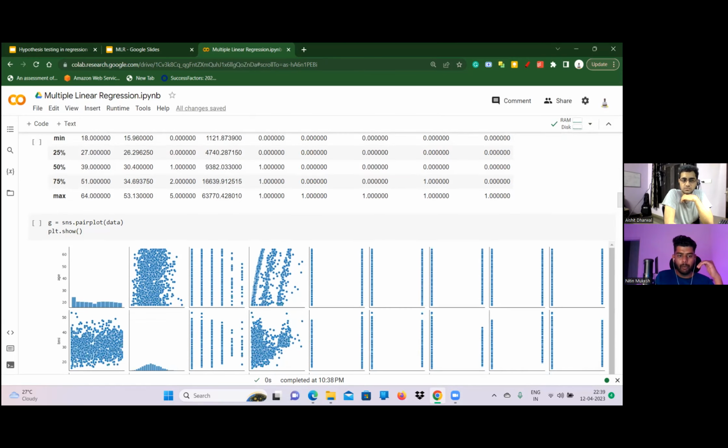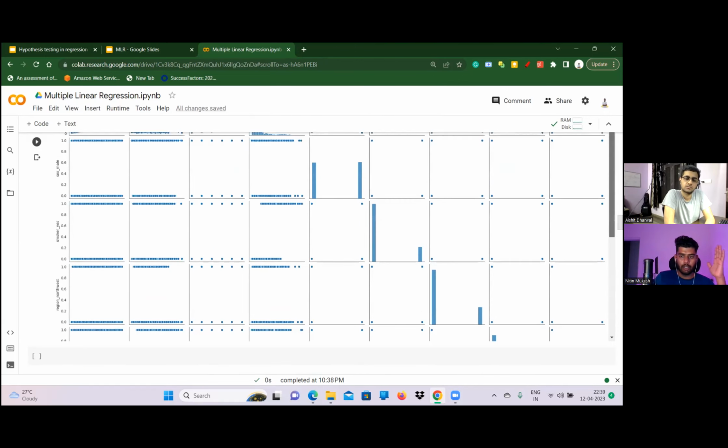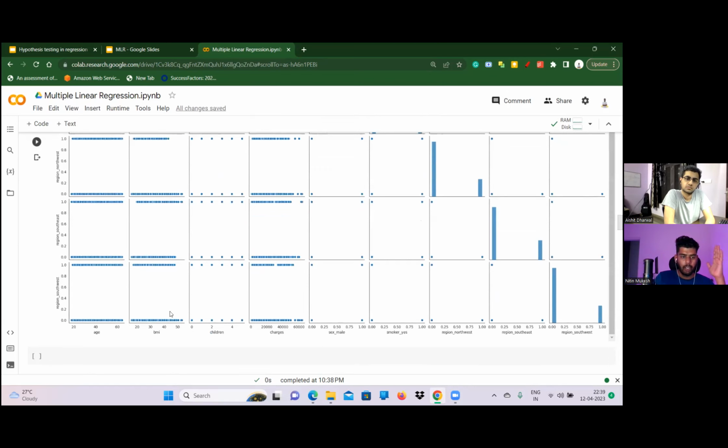Once we move ahead, first you can do a pair plot of the data. The pair plot will plot a matrix of each variable against each other. You can see that region southwest is plotted in terms of age. Region northwest is plotted in terms of BMI.